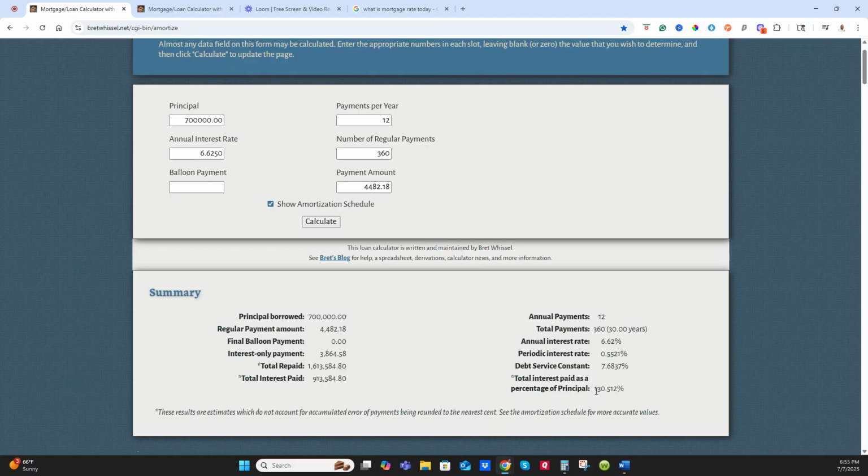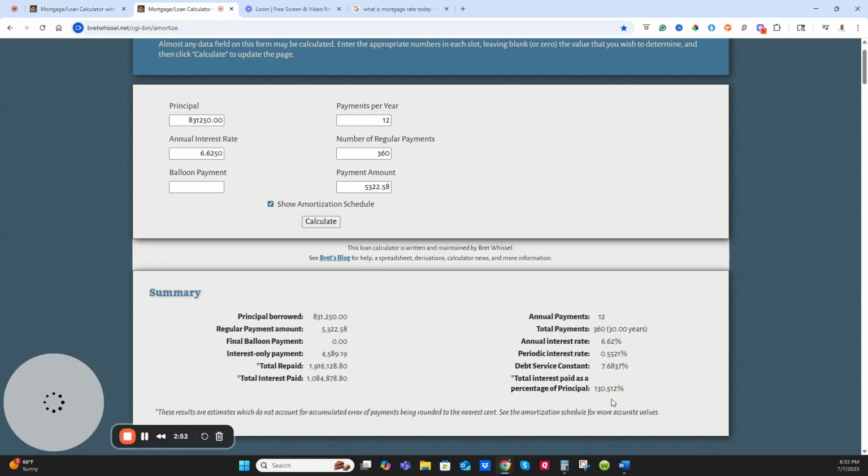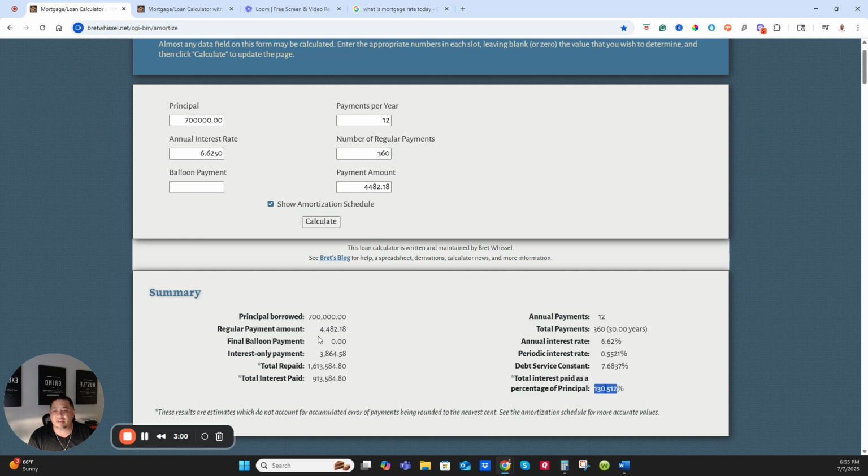That total interest amount that we're going to be paying off is 130.512. So it's the exact same in both scenarios, 130%. Okay. So with the $700,000 loan, our regular payment is going to be $4,482 a month. $4,482 versus $5,322.